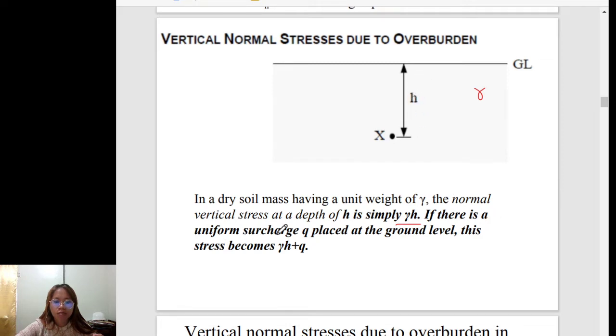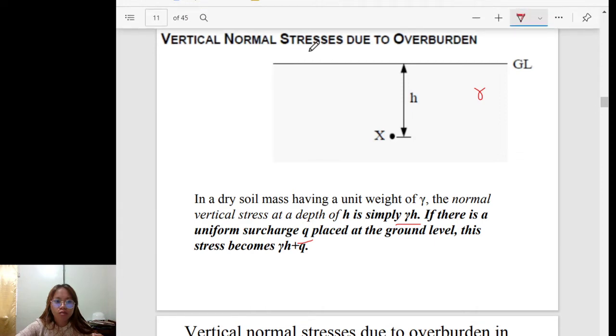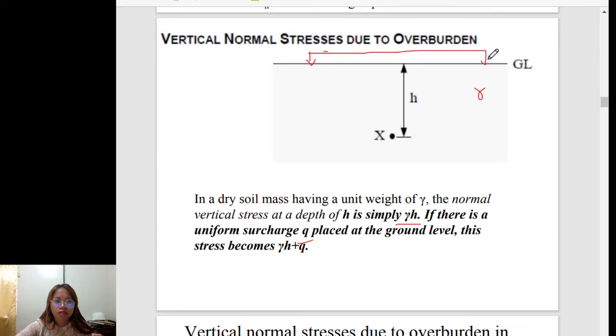If there is a uniform surcharge Q, which is a unit pressure, placed at the ground level, this stress becomes gamma times the height at x.